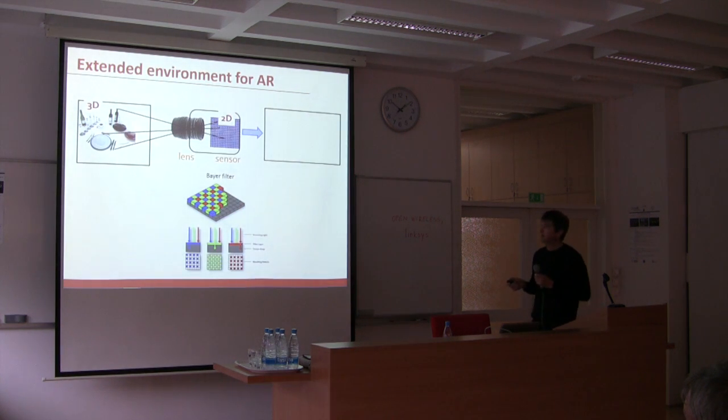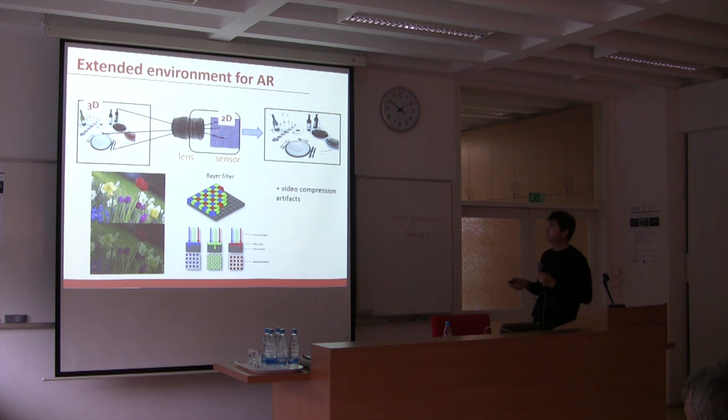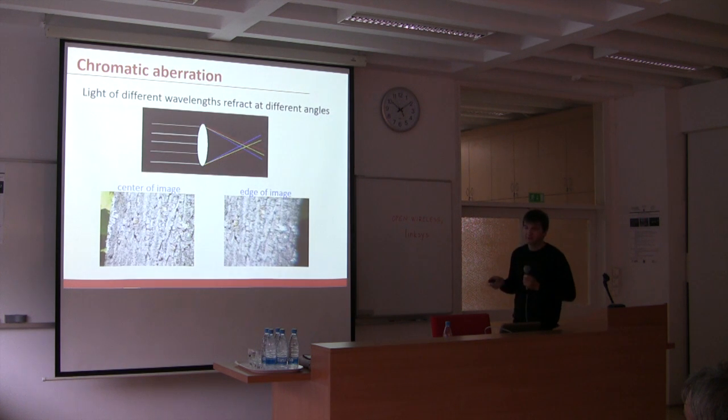So we must also pay attention to the lens, to the parameters of our camera, to the sensors, and maybe even to some video compression artifacts. Let's see quickly two examples of these artifacts.